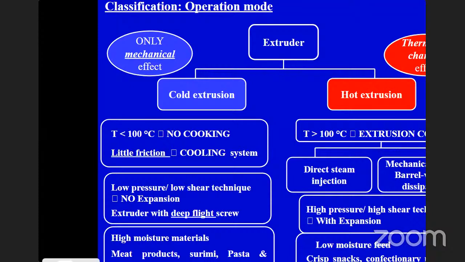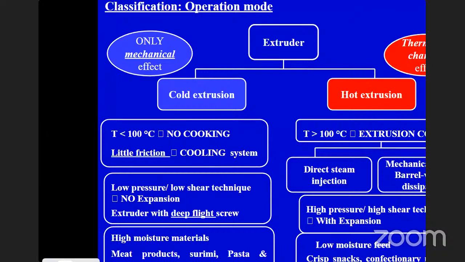High moisture food materials such as meat products, pasta and biscuit dough are simply formed and shaped into different shapes like rods, tubes, and strips. And we can change the shapes using different kinds of dies with different dimensions. In this technique, little friction is generated.